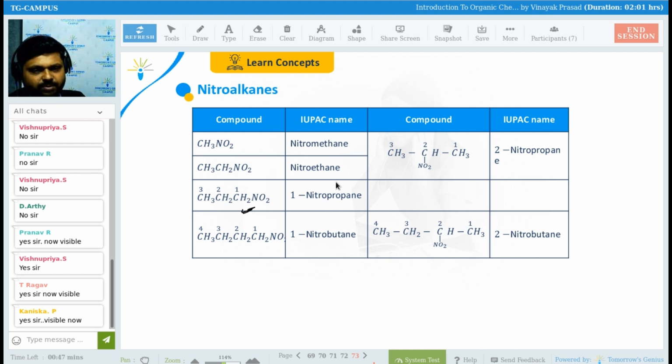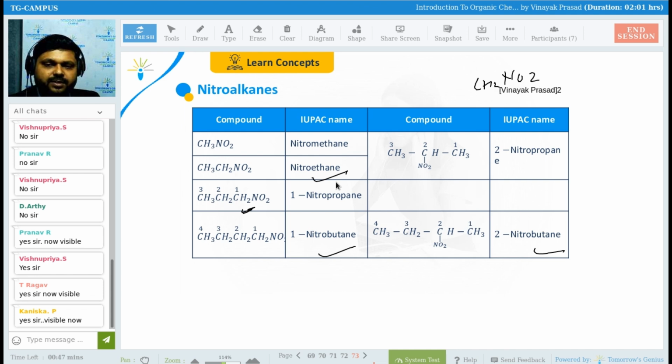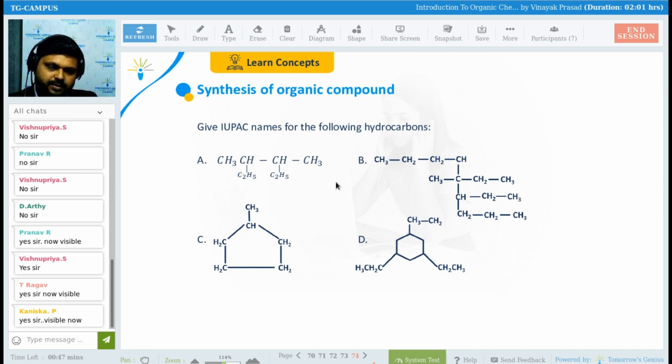Again, this 3 carbon, nitropropane. 2 carbon, nitroethane. 4 carbon, nitrobutane. Is it okay? So if NO2 group is there, then we will be saying nitro. And CH3 is 1 carbon, that is nitromethane. 2 carbon, then nitroethane. 3 carbon, then nitropropane. 4 carbon, then nitrobutane. Okay.